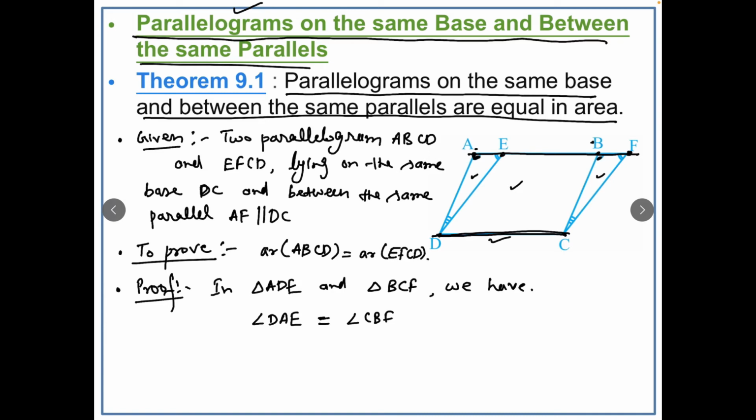The reason for this one is they are corresponding angles. AD and BC are the parallel lines, and this AF is acting as a transversal, so these two will be the corresponding angles. They have to be equal. So the reason for this one is corresponding angles.